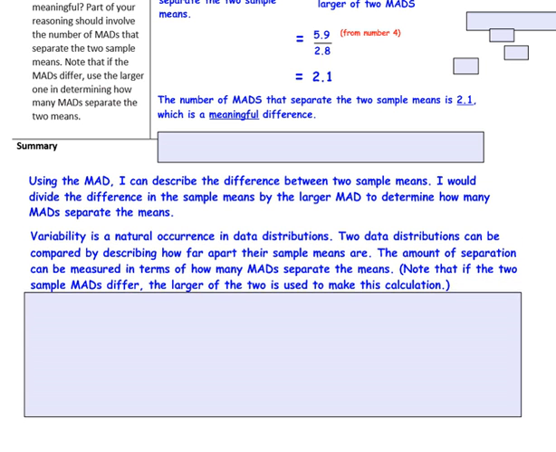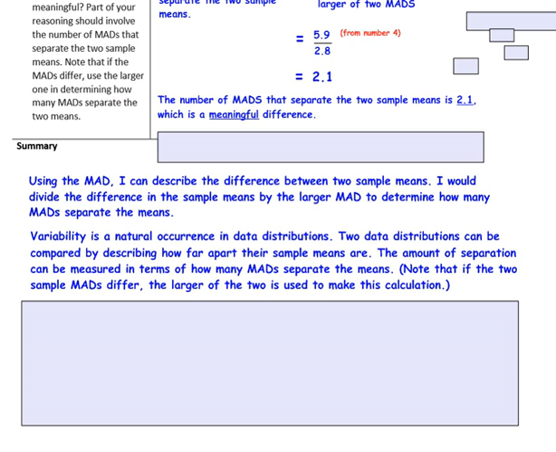Also, variability is a natural occurrence in data distributions. Two data distributions can be compared by describing how far apart their sample means are. The amount of separation can be measured in terms of how many MADs separate the means. Note that if the two sample MADs differ, the larger of the two is used to make this calculation.